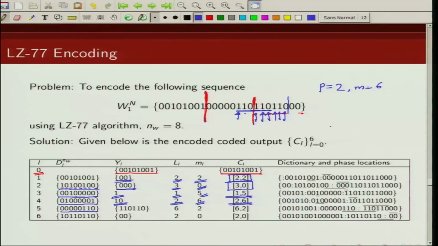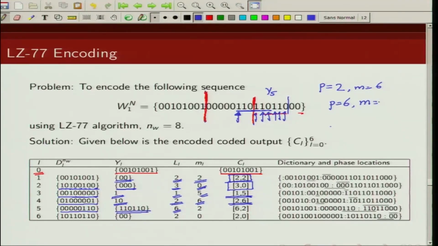So the new string y5 is 1 1 0 1 1 0, and that's this. The length of this string is 6. And what is the p corresponding to the match? The match happens at this location, which is 1 2 3 4 5 6. So p equal to 6.